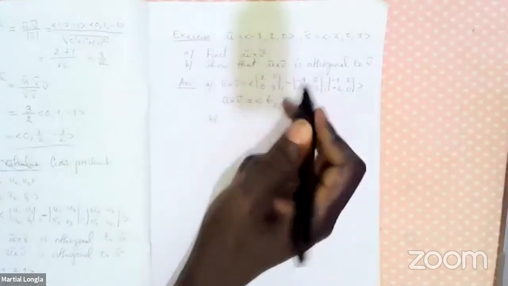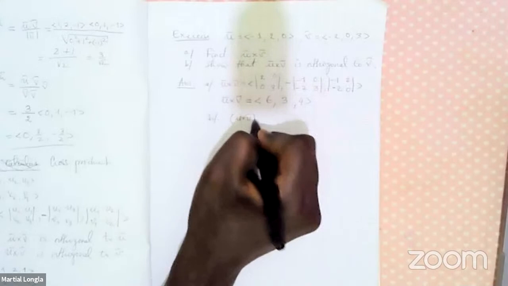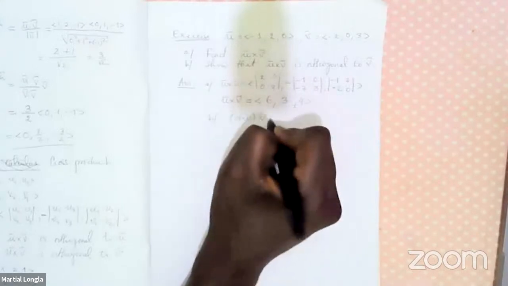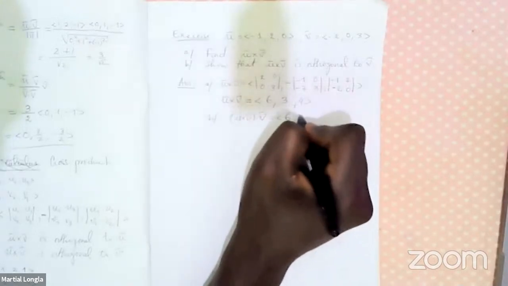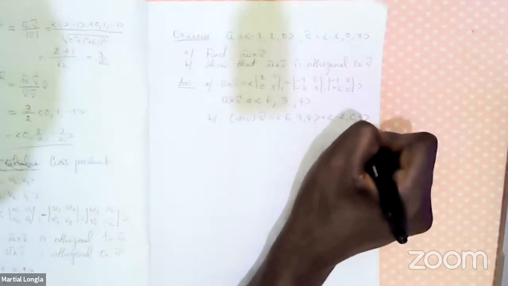And now for part B, you need to do u cross v dot v, which is 6, 3, 4 dot -2, 0, 3.